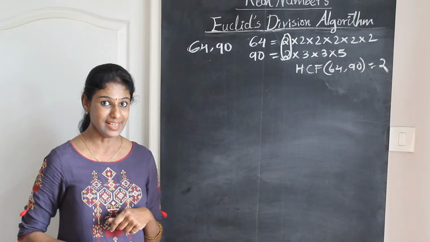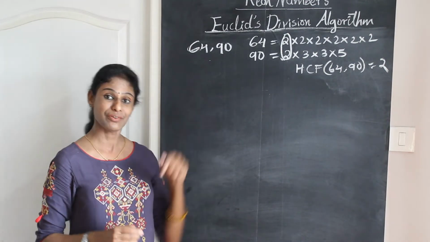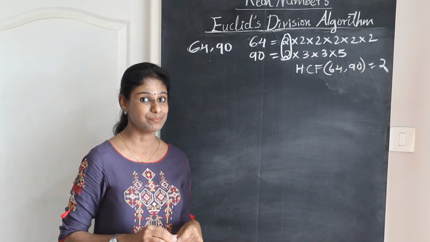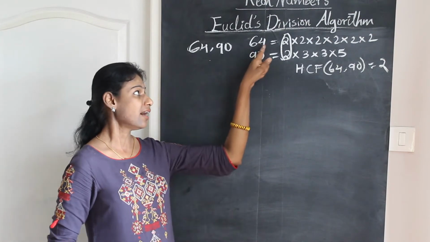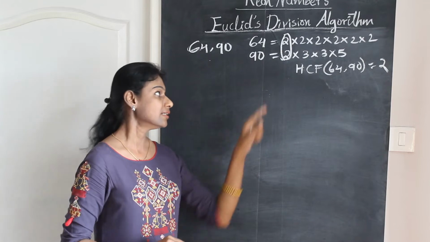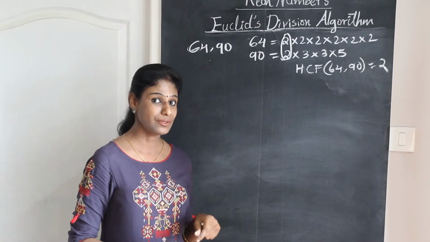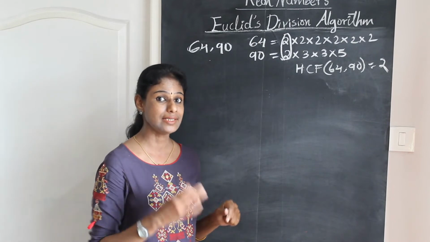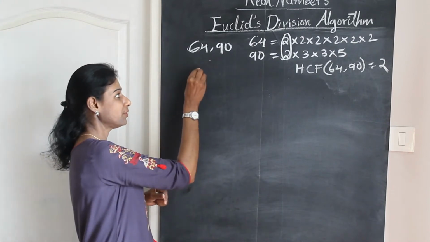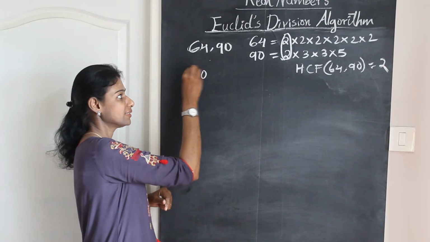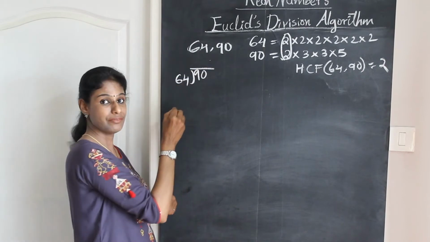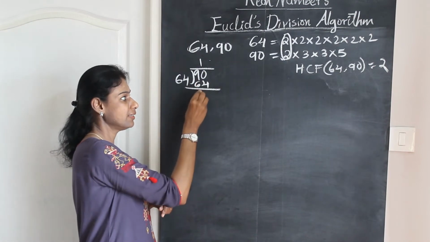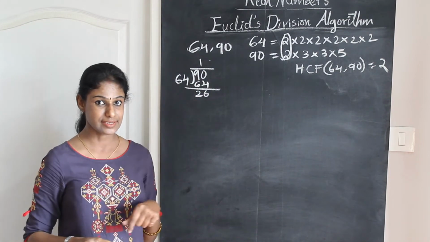Now let us see how we find out the HCF of the same numbers using Euclid's division algorithm. In that, after taking the numbers, 90 is greater than 64, so divide this greater number by the other, that is 90 divided by 64. So when you divide 90 by 64, we get 1 times 64 and the remainder 26.